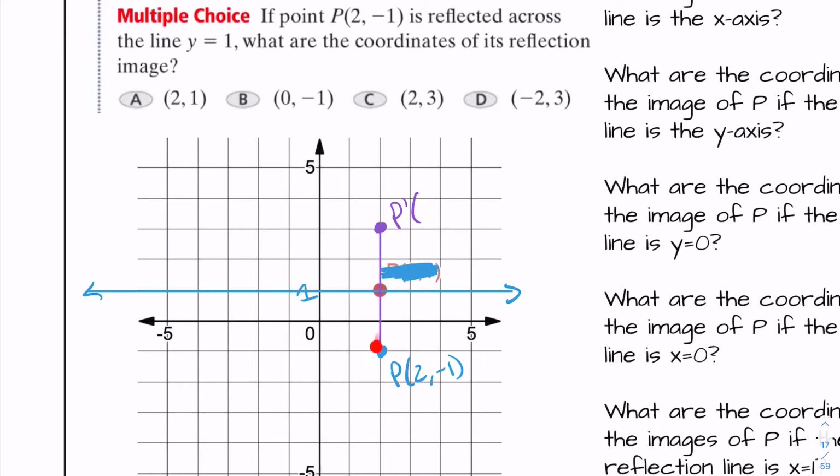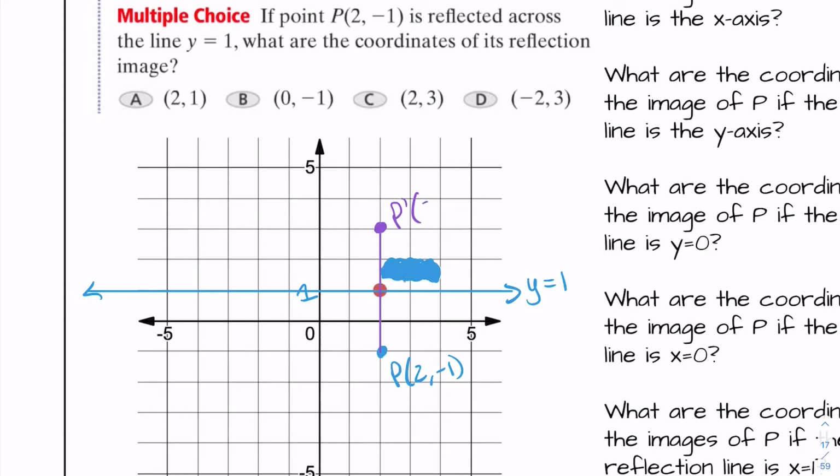What I'm doing is creating this perpendicularism here. So here's the line y equals 1, and here is the incorrect coordinate. And what we have is P, which is at 2, -1, going 1, 2 to get to the line, and 1, 2 more to be a reflection.